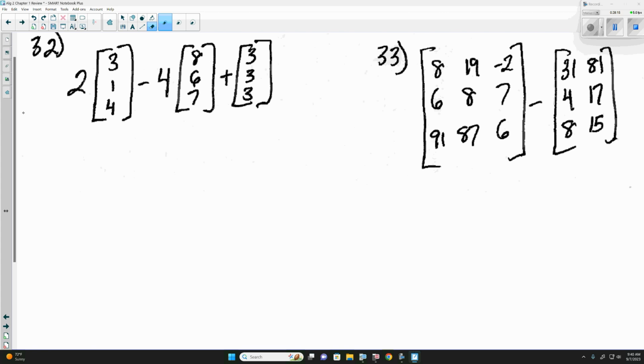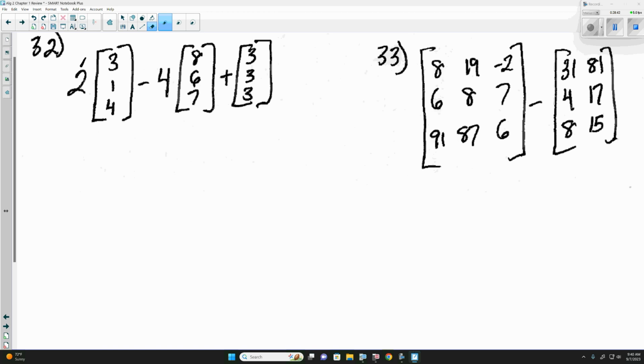One, we can just plug it all into the calculator, plug each of these matrices as A, B, C, and then type it in as 2A minus 4B plus C. Yeah, because I can name this A, B, C and do it that way. Yes, and I want to make sure we get through, and then yes, if we do have time. If not, I did do both on the full video.